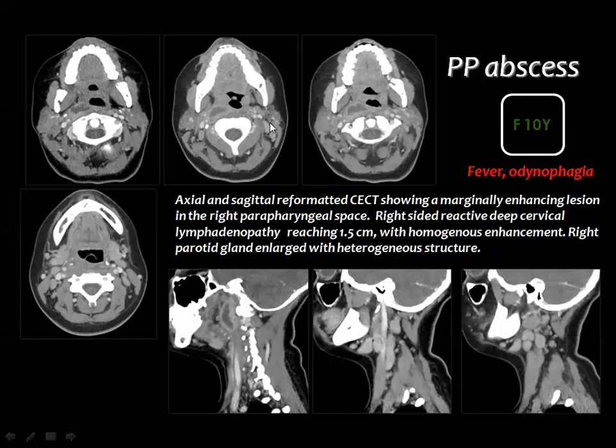The abscess is located posterior to the parapharyngeal fat, and it shows the classic appearance of an abscess, a cystic lesion, marginally enhanced, and many times you see reactive cervical lymph nodes deep to the sternomastoid muscle in the axial image, sometimes around the submandibular salivary glands.